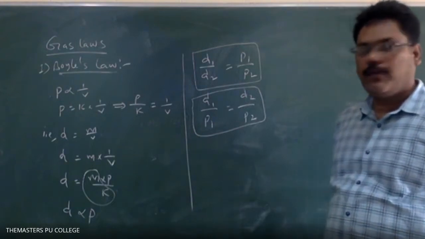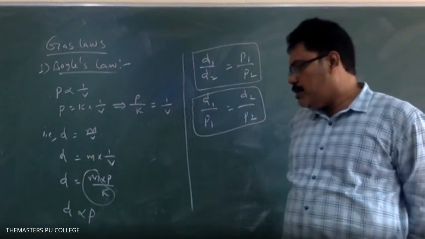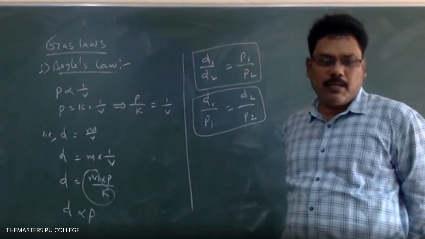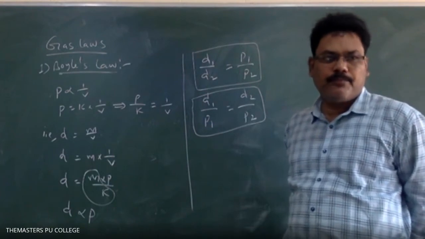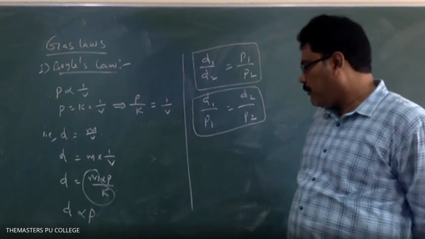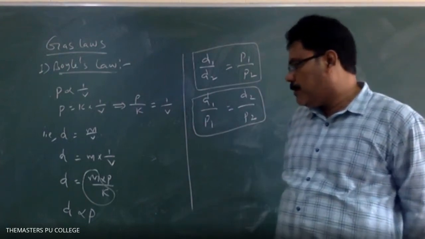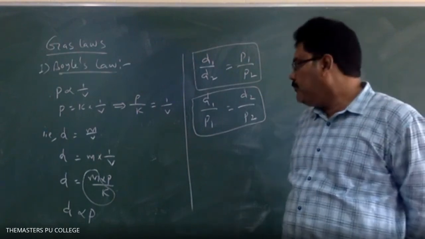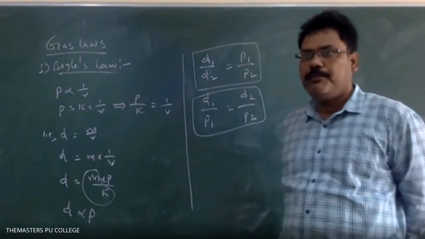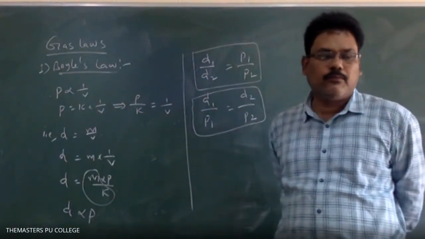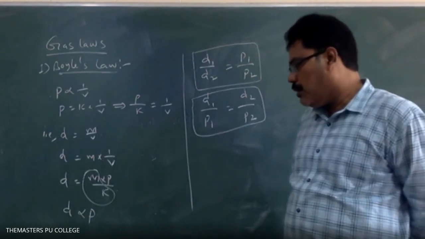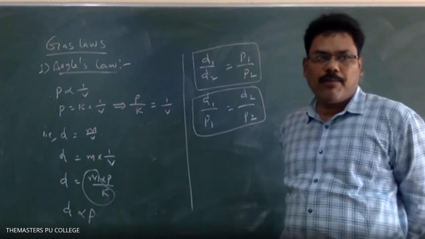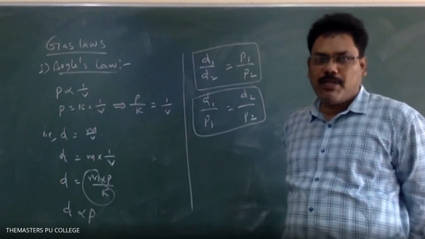Now write down the initial density and pressure of fixed amount of gas is D1 and P1.